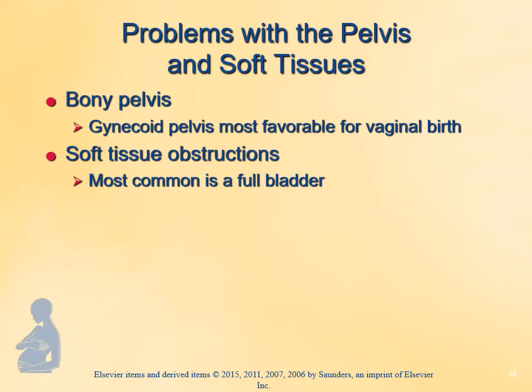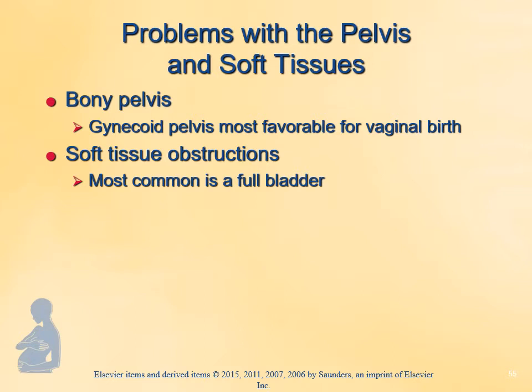Problems with the pelvis. So this is the passageway that we talked about in one of our 4 Ps. That gynecoid pelvis, again, is going to be the most favorable for vaginal birth, but occasionally not everybody has a gynecoid pelvis, and so we can see problems with the actual bones of the pelvis not being wide enough. And then sometimes we also see soft tissue obstructions that can come most commonly in the way of a full bladder.